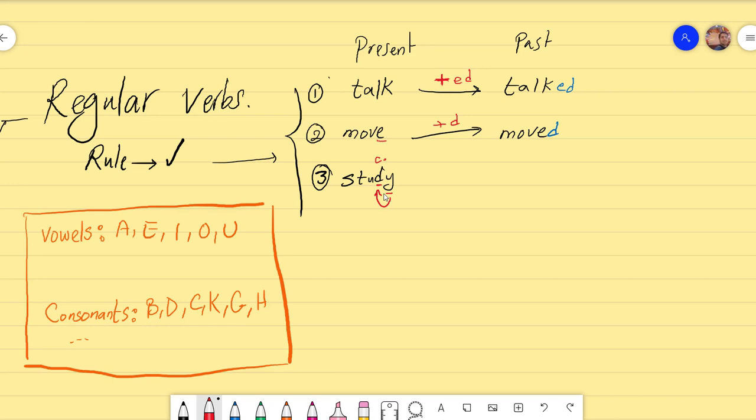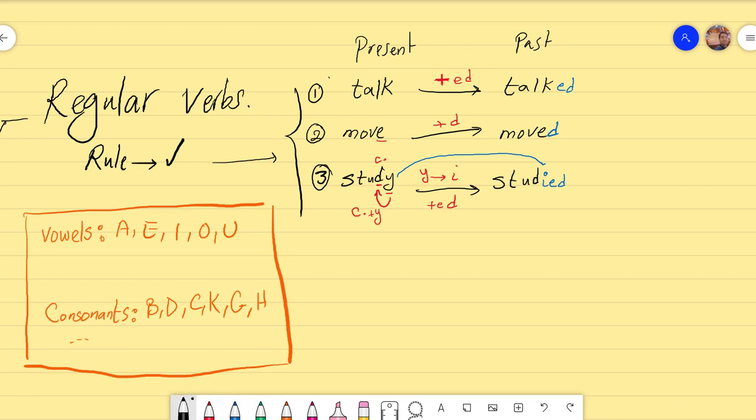So when you have a consonant plus Y, what do we do? We change Y to I and then add ed. We have y here. We change y to I, and then we add ed. So the past form of study is studied.